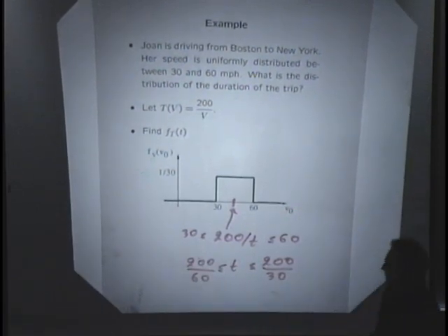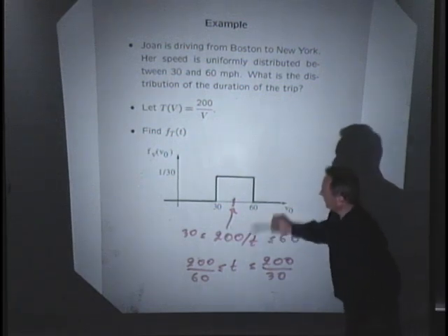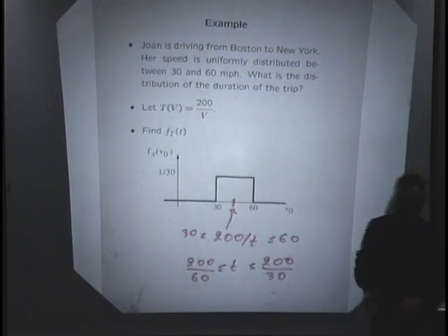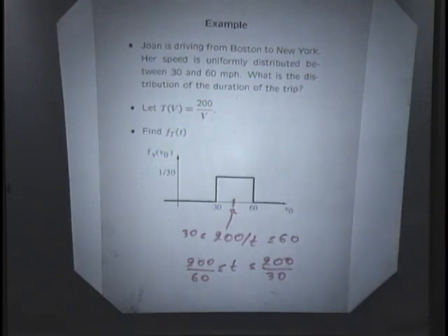So for T's inside that range, this number 200 over T falls inside that range. This is the range of T's that are possible given the description of the problem that we have set up.